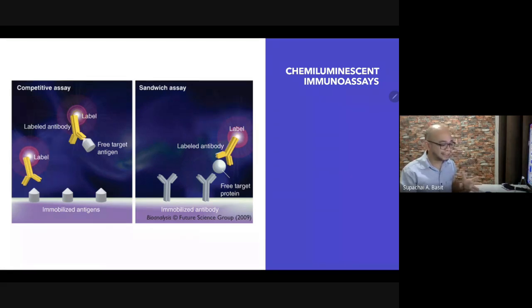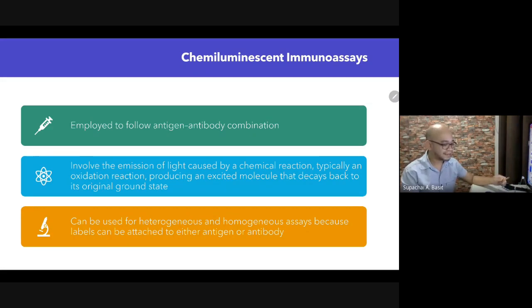The difference is that here we are using a chemiluminescent dye as label to the antibodies. So the chemiluminescent assay is employed to follow antigen-antibody concentration. It involves the emission of light caused by a chemical reaction, typically oxidation, that decays back to its original state, as I mentioned a while ago.